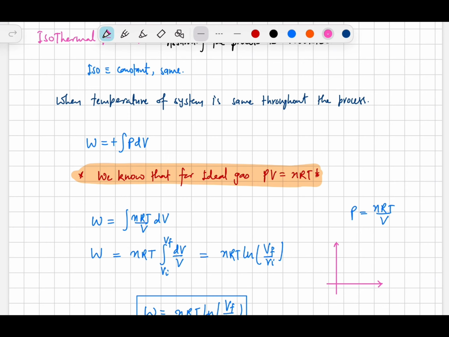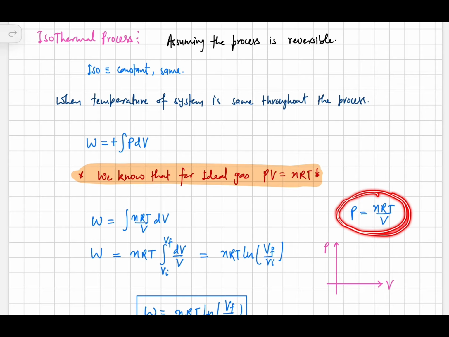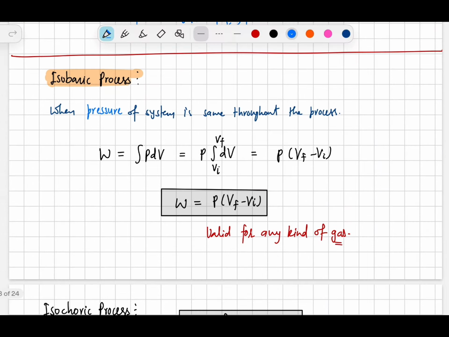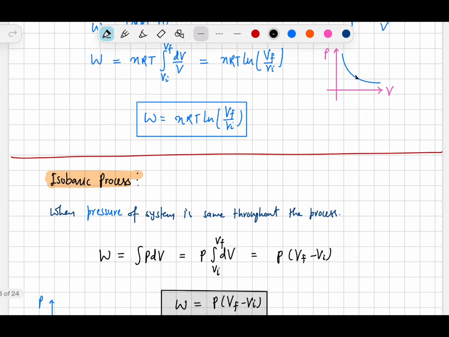It could be a PT graph or a PV graph, depending on that you can draw the graph. If it is a PV graph, you can use this equation because T is constant, and this is P is 1/V type, so it is a rectangular hyperbola. And since the P is constant, the graph will be like this. You always remember the arrow, you can make the arrow.